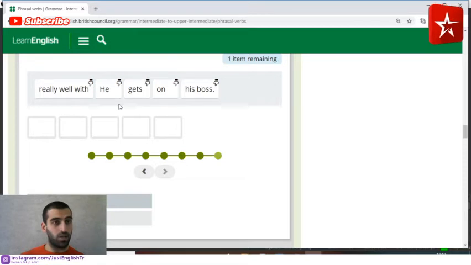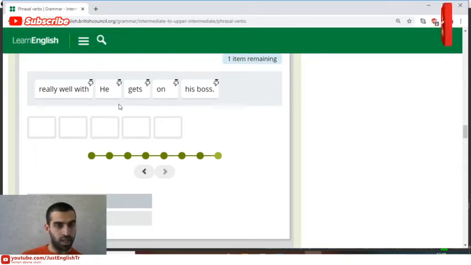Okay, so really well with he gets on his bus. I was expecting to get your answer, Büşra. Mr. Hussein says he gets on really well with his boss. Okay, Mr. Hussein, I'm waiting for other comments. Is there any different idea for this sentence or not?